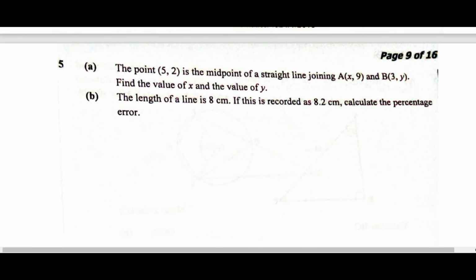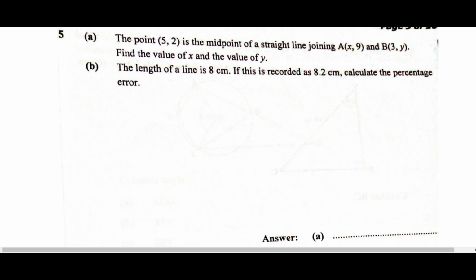We move on to question E. This should be 15. The point (5, 2) is the midpoint of the straight line (x, 9) and (3, y). Find the value of x and the value of y.